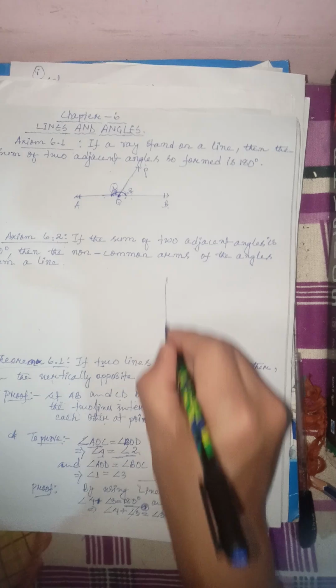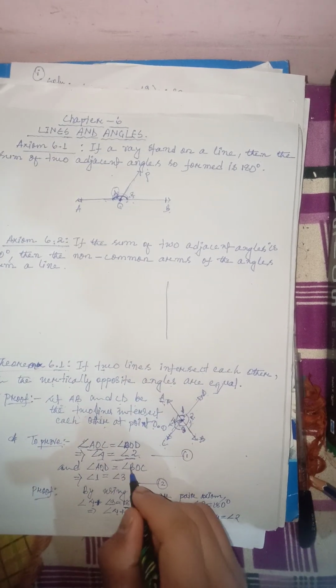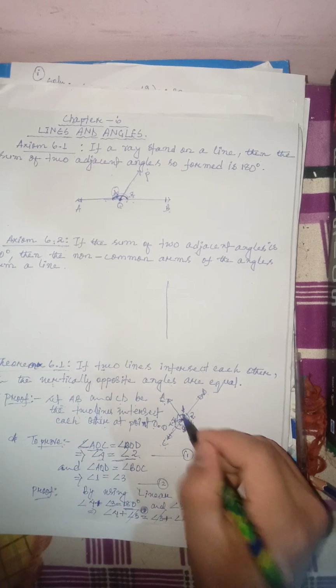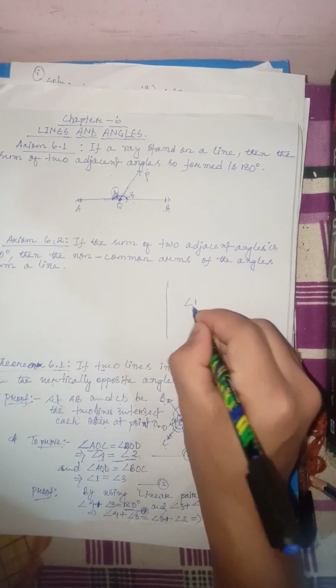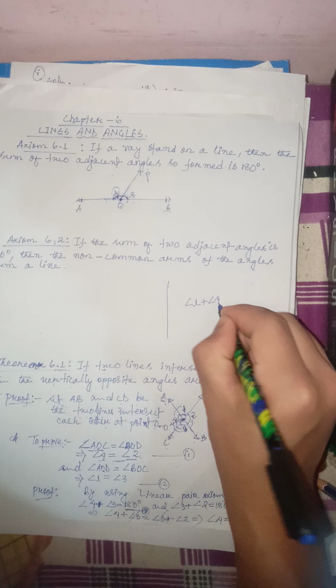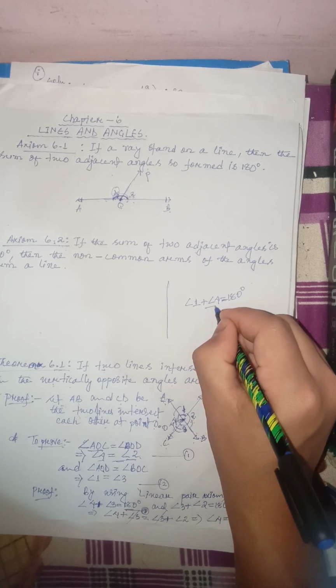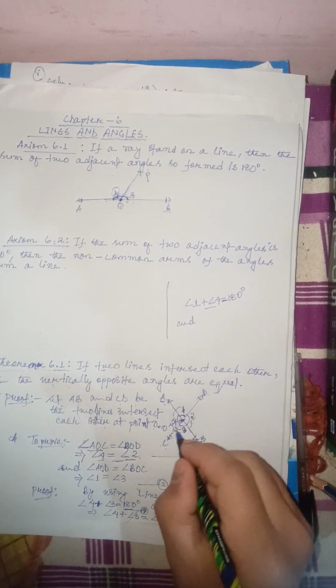Then, let me write here. The next step is angle AOD as well as BOC, which is 1 and 3. Let me take this one: angle 1 plus angle 4 equals 180 degrees. Even in this case, we are using the linear pair axiom that we already explained in previous classes.